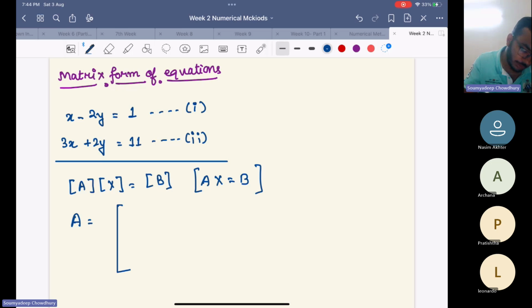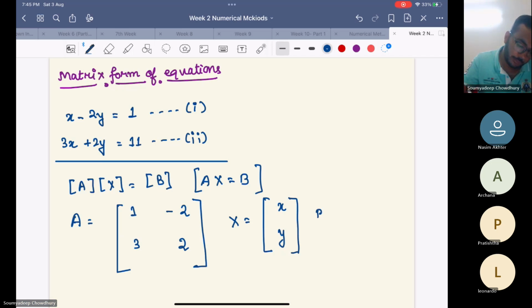It is basically 1, -2, 3, and 2. What is X here? X is the unknown. It is a column vector, X and Y. What is B? B is the right hand side matrix, right? 1 and 11.